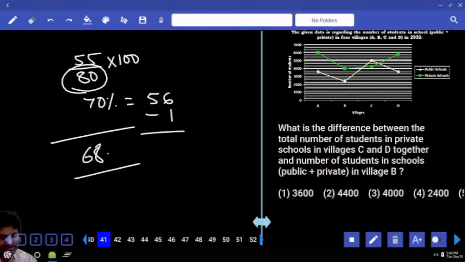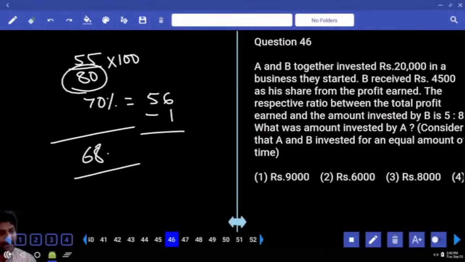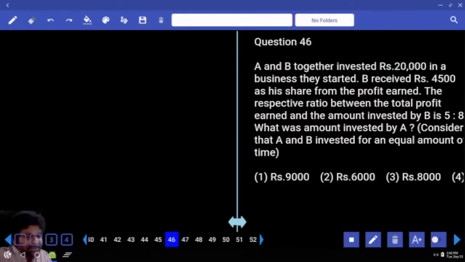Something is left. Which one? 40. A and B together invested 20,000. B received 4,500 as his share.